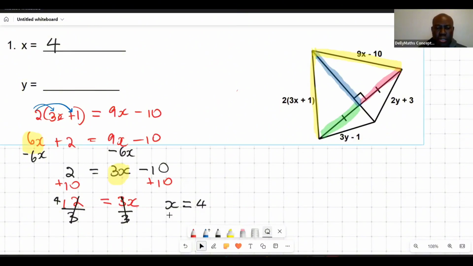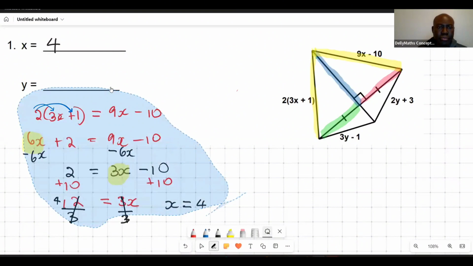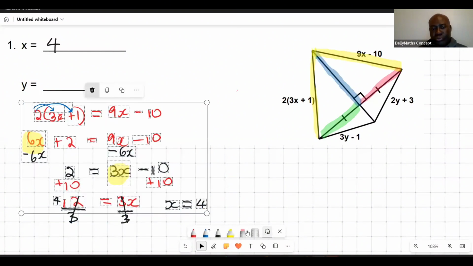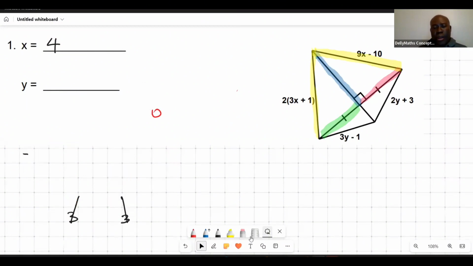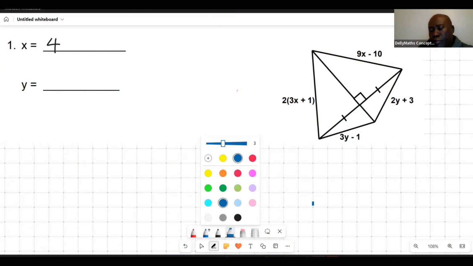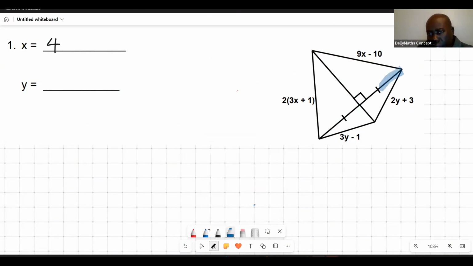All right, so let us take a quick look at the other solution. It's my intention to solve for y. Now let's look to see what's going on. In blue, take a look at this triangle here.